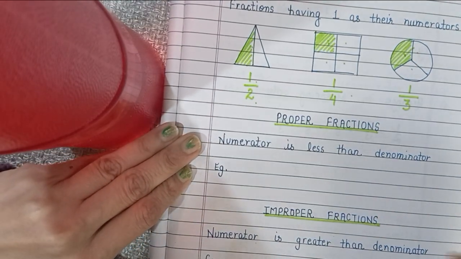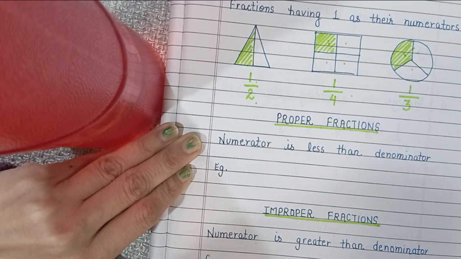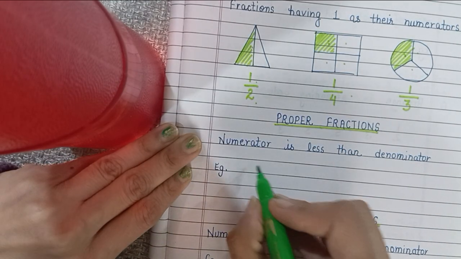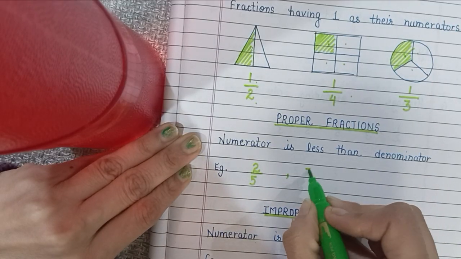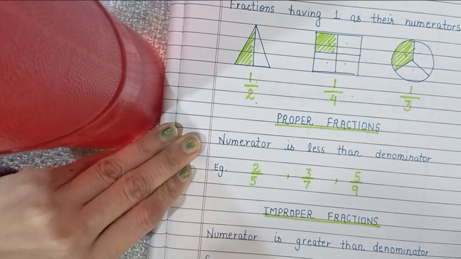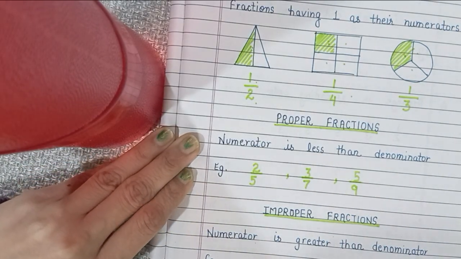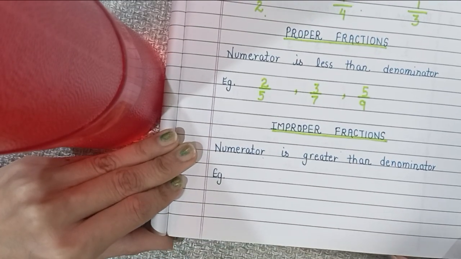Next is proper fractions. Proper fractions are those where the numerator is less than the denominator. Example, 2/5. More examples are 3/7 or 5/9. These are the examples of proper fractions. Now improper fractions.